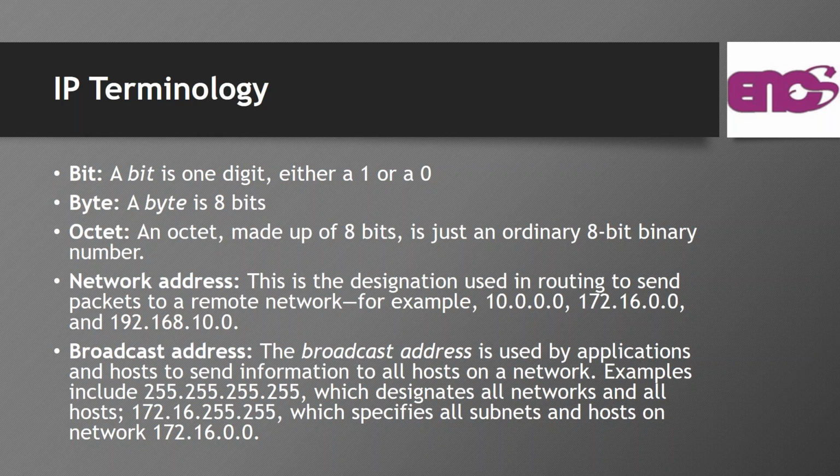That is a network address. So a network address is a designation used in routing to send packets to a remote network. If I want to send a message to a particular family, I can use their surname as an identifier, and anything I send to that surname will get to them.